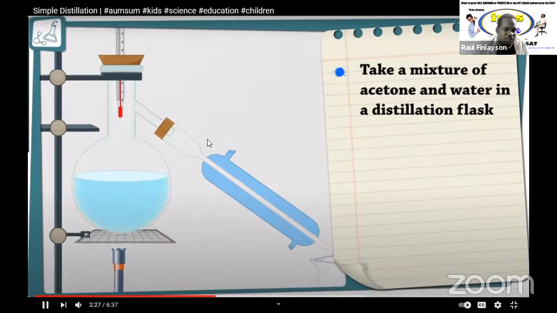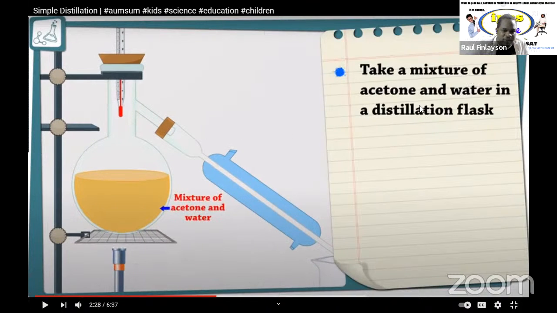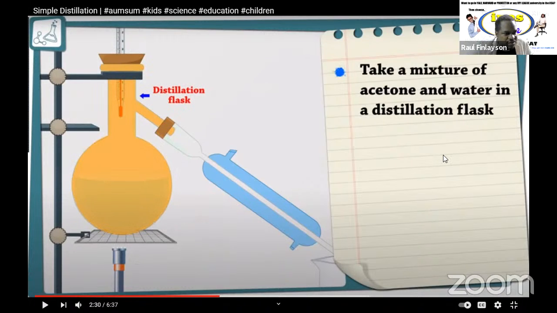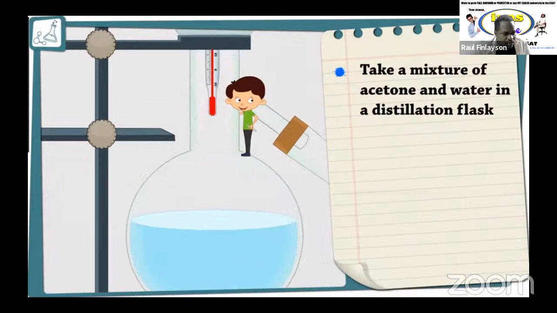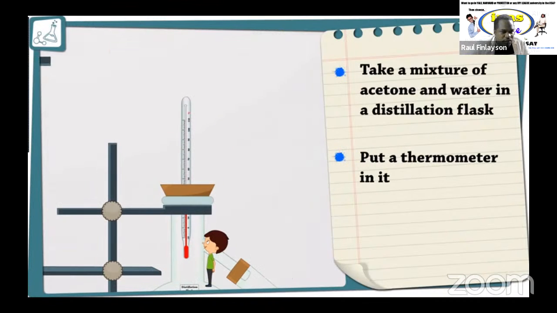All right, let's continue. They say take a mixture of acetone and water and put it in the distillation flask. All right, fine. Let's see. All right. This is it. So they refer to it as distillation flask. All right, work with that. Then you put it there. So they leave it in the apparatus here. Put a thermometer in it.